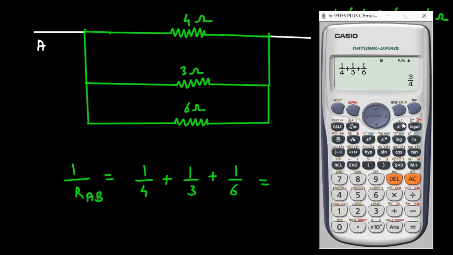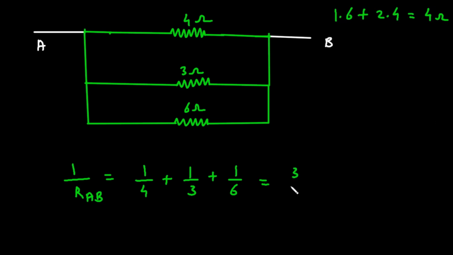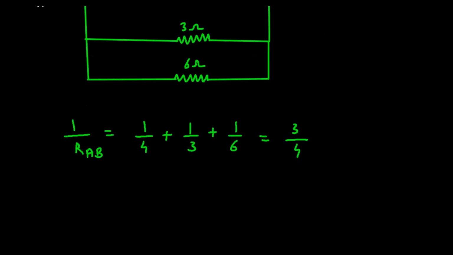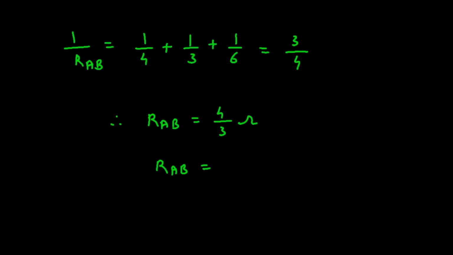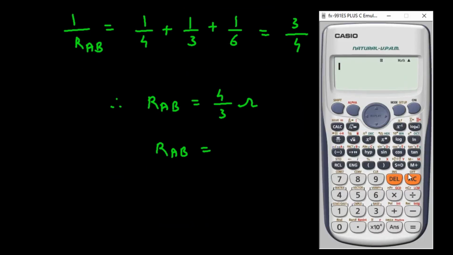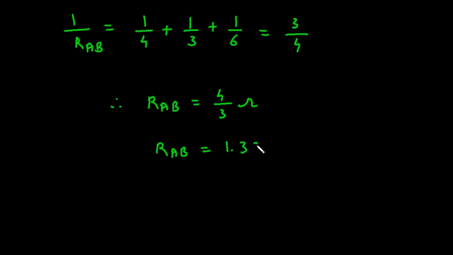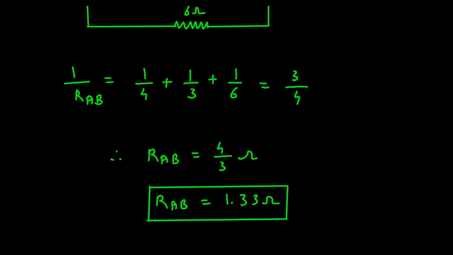We have to take 3 by 4, because we have to take the reciprocal then. So therefore RAB is equal to 4 by 3, and we can take its unit as ohm now. 4 divided by 3 is equal to 1.33 ohm, which is the final answer for RAB. So this is how we can find the equivalent resistance.